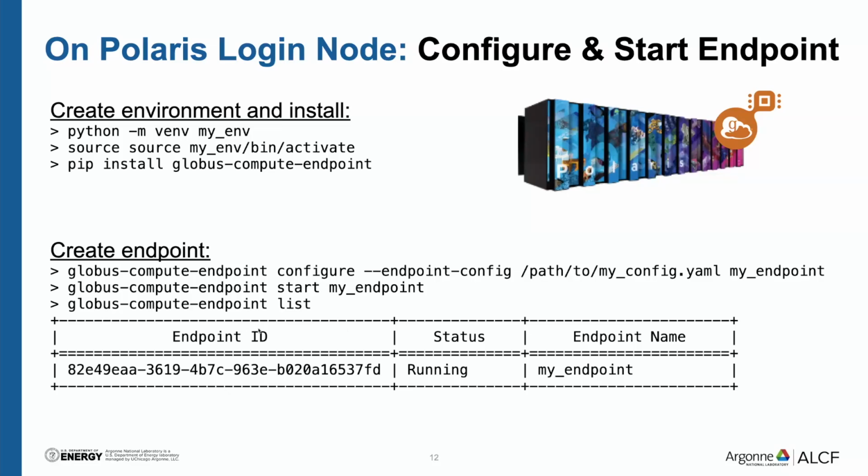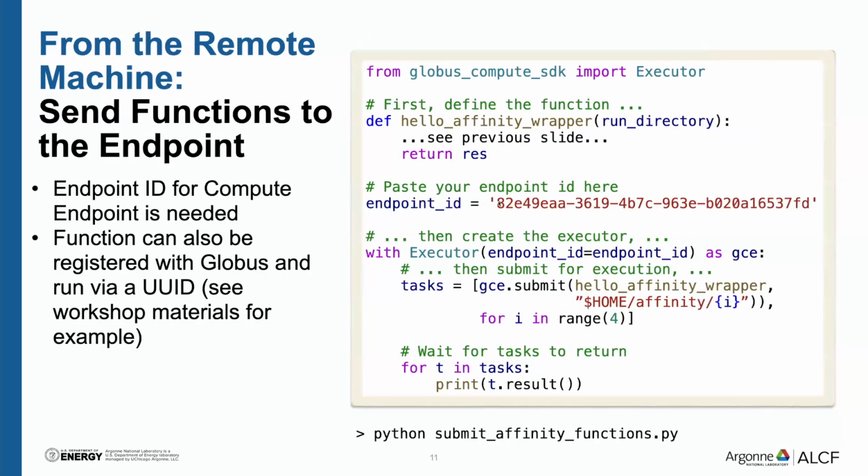The endpoint has an endpoint ID that's listed here. This is a randomly assigned UUID that the Globus compute endpoint tool assigns to your endpoint, and that is communicated to the Globus service. In our previous example, you can see here we had this UUID, this endpoint ID.